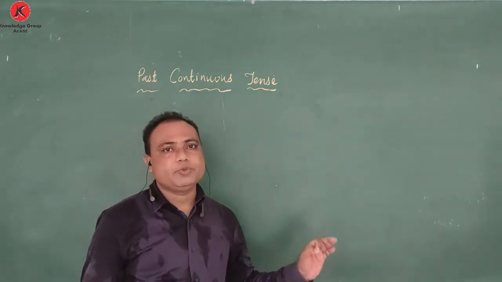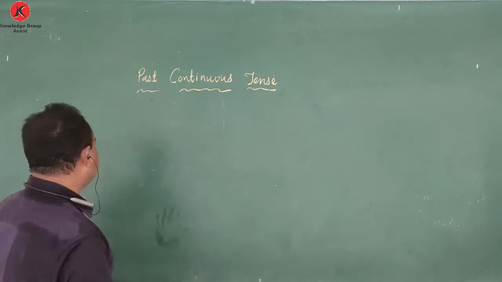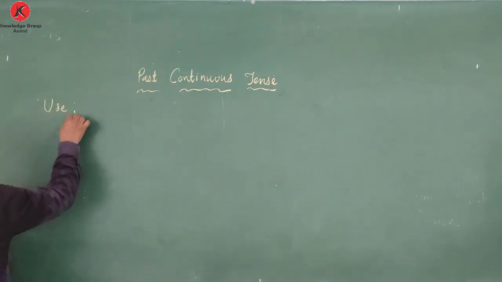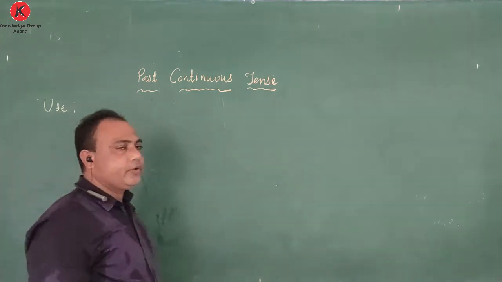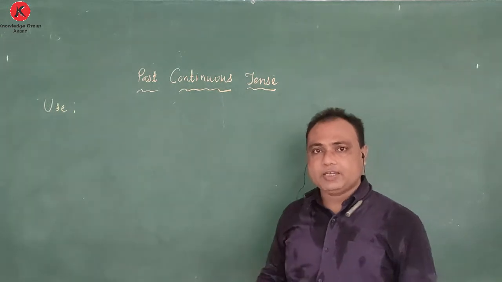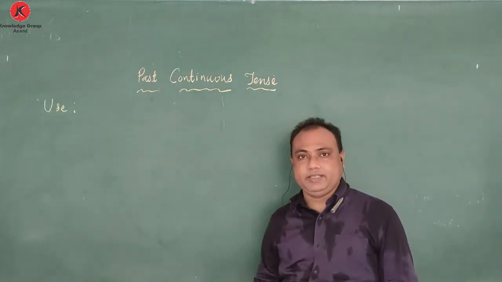Now let us move forward to a new topic, that is past continuous tense. Always, while using any particular tense, you need to understand when you are supposed to use it in your sentence.